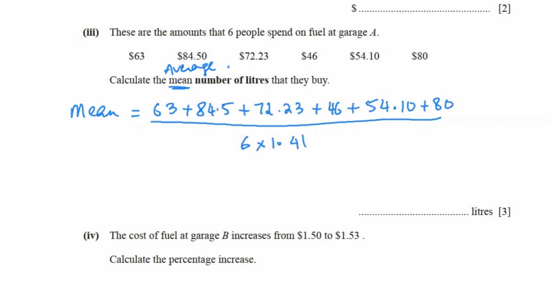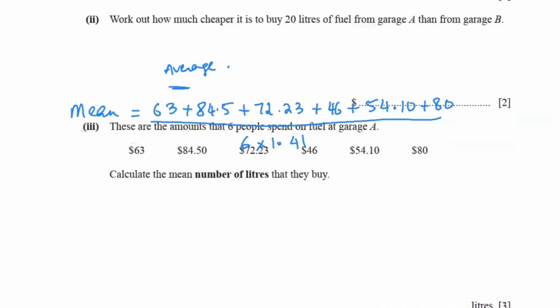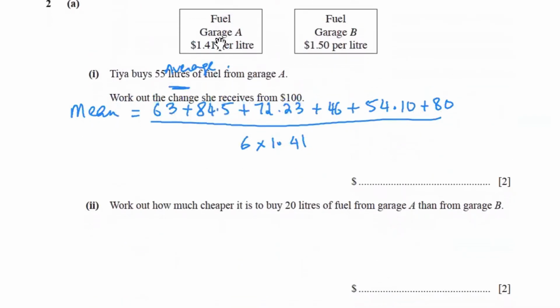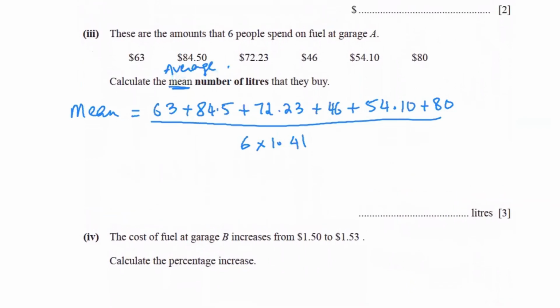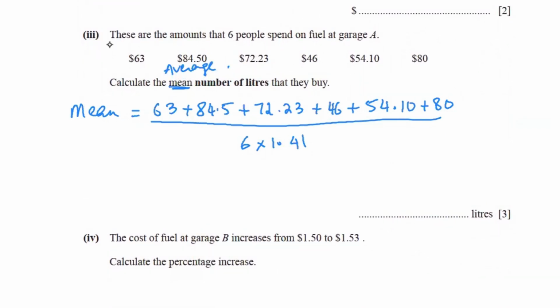Why 6 times 1.41? Because garage A charges $1.41 per liter. So to get the number of liters that they buy, we add up the amounts that they're spending and then divide by the per liter cost for all 6 people. So that equals 47.3 liters.